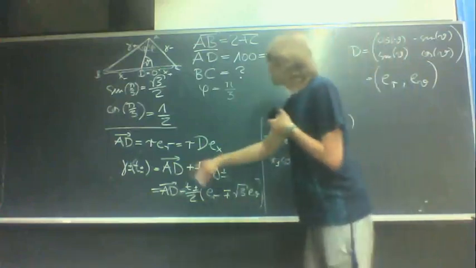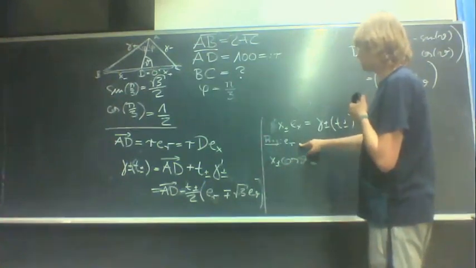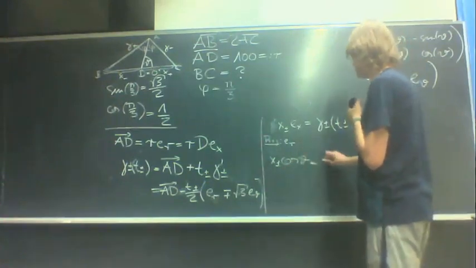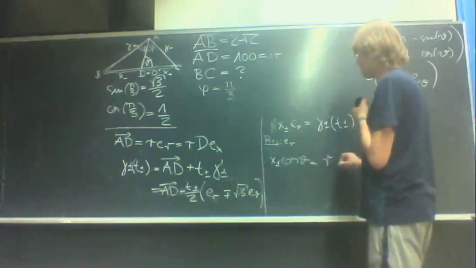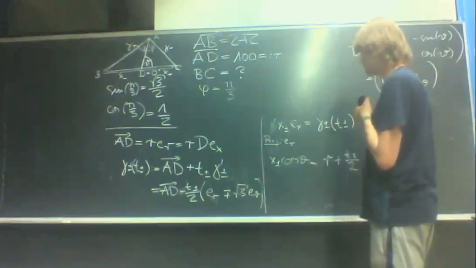Okay, just compute the whole thing. I will project onto ER, so this will be R plus T plus minus over 2.